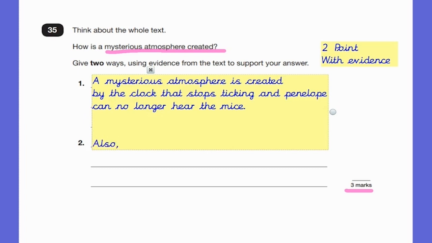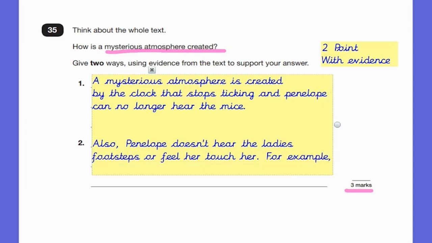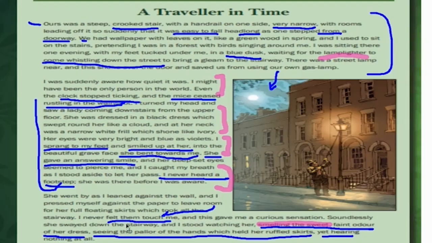Also, Penelope doesn't hear the lady's footsteps or feel her touch her. For example, I'm going to support this point with some evidence from the text now. In the text, what did it say? Let's just double check. So it says here, "I never felt them touch me."